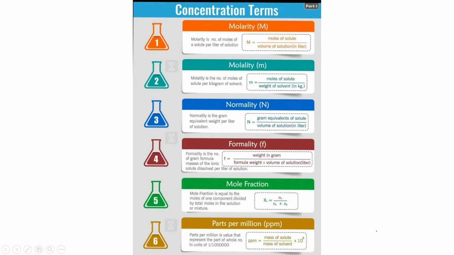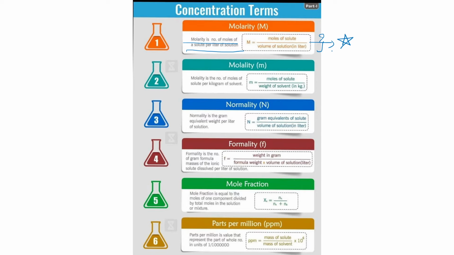So we'll do some questions. Please pay attention to all these concentration terms. First one is molarity. Molarity is defined as the number of moles of solute per liter of solution. Please remember and note down these formulas.